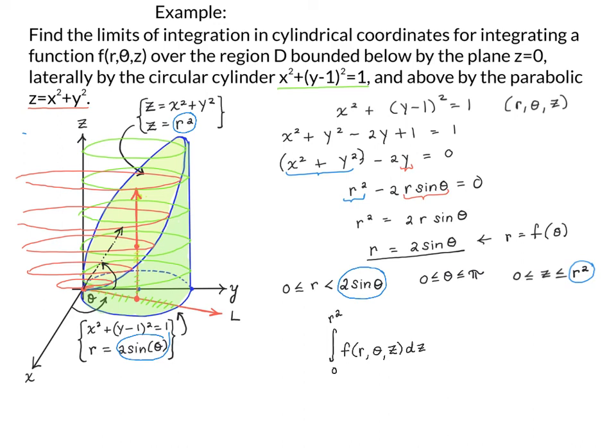And then we integrate with respect to r, and we have an r dr, and that multiplies that r into the integrand. And r is going to go from 0 to 2 sine theta. And then the last variable of integration is theta, and theta will start at 0 and end at pi. So there we have our setup showing our limits of integration for z, r, and d theta.